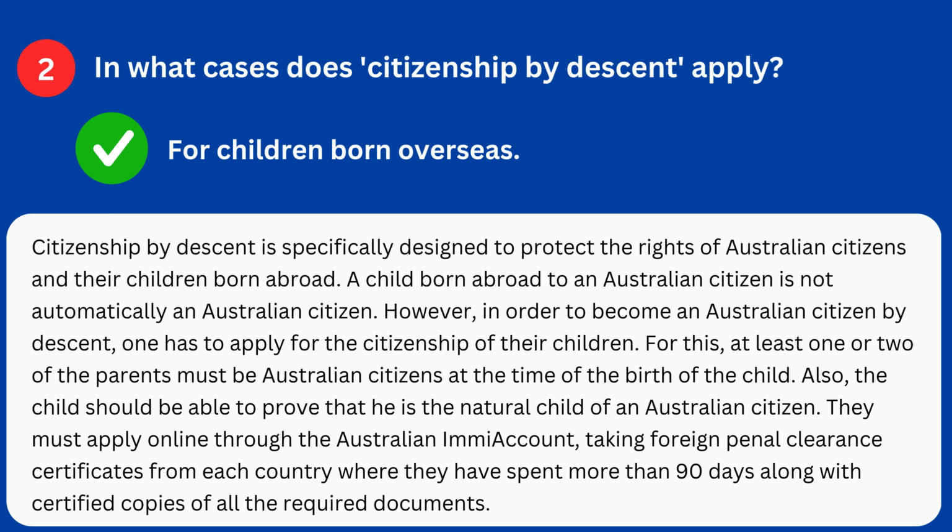For this, at least one of the parents must be an Australian citizen at the time of the birth of the child. Also, the child should be able to prove that he is the natural child of an Australian citizen. They must apply online, through the Australian ImmiAccount, taking foreign penal clearance certificates from each country where they have spent more than 90 days, along with certified copies of all the required documents.